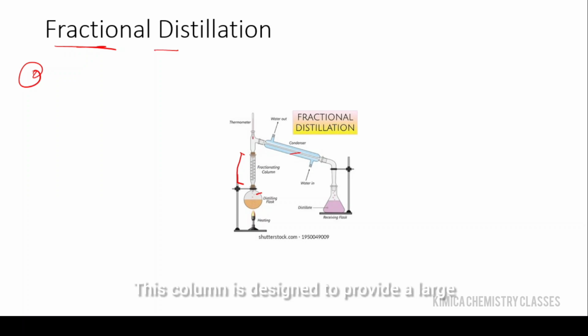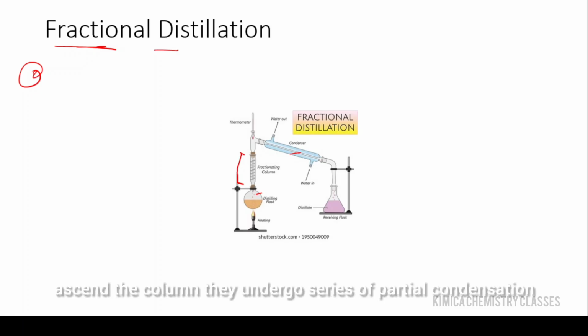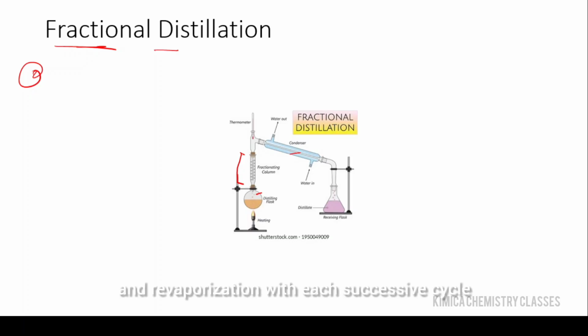This column is designed to provide a large surface area for repeated vaporization and condensation cycles. As the vapors ascend the column, they undergo a series of partial condensations and re-vaporizations. With each successive cycle, the vapor becomes progressively richer in the more volatile component.